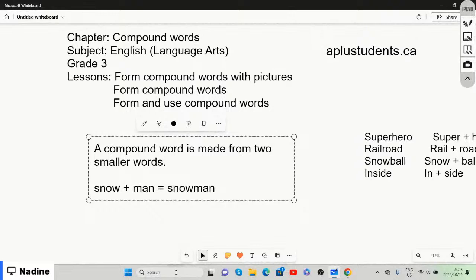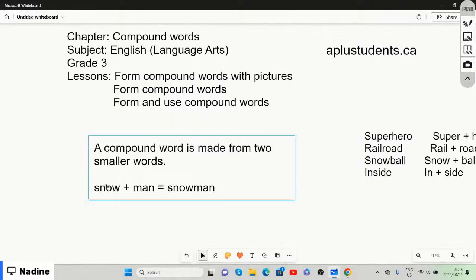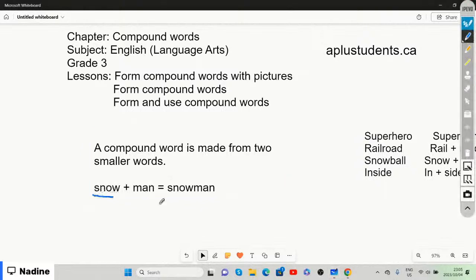For example, here we have snow plus man, right? And snow plus man is a snowman. Snow is ice, little particles coming from the sky instead of rain.